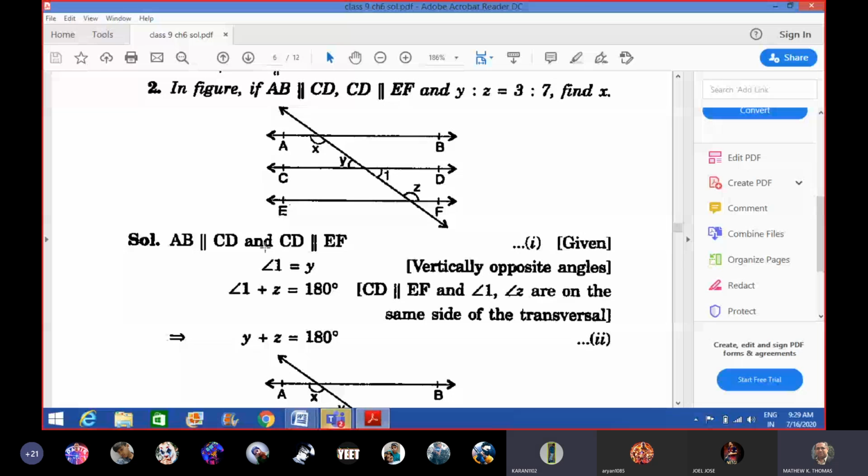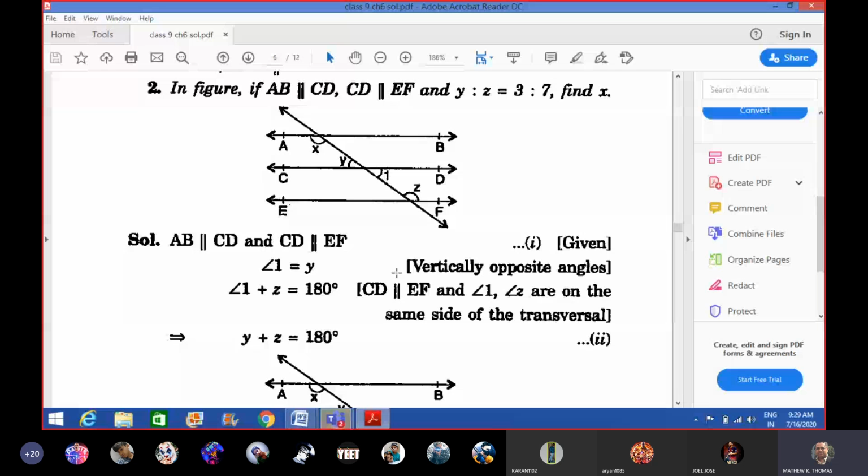We have to mark that angle 1 also in the figure. First draw the figure. What to mark, I will tell you. So here it is 1.